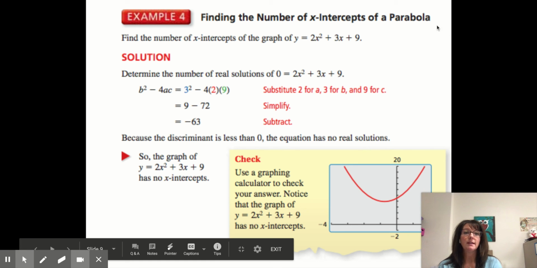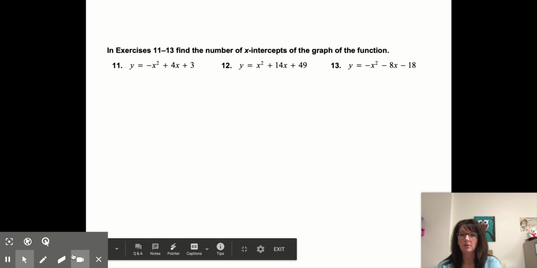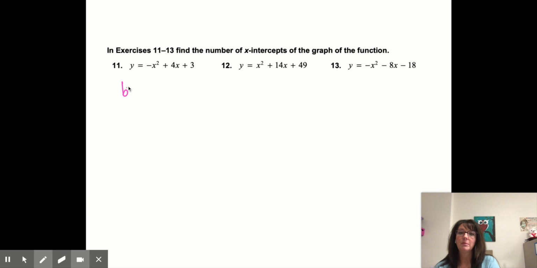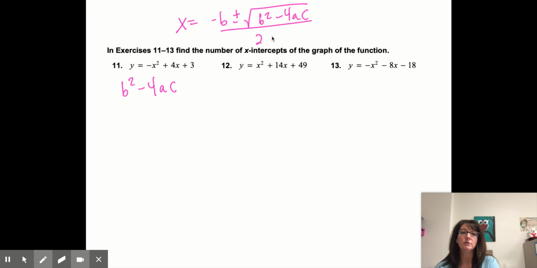All right, so finding the x-intercepts, same thing. Let's use the discriminant. I'm just going to do the whole quadratic formula here. Remember, this is the whole x is equal to negative b plus or minus the square root of b squared minus 4ac all over 2a.